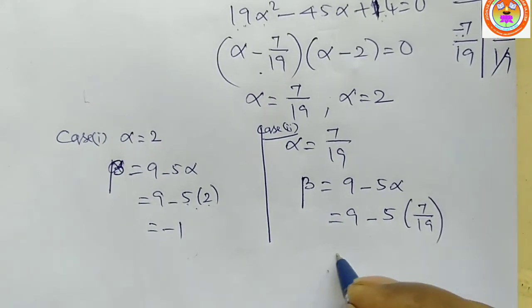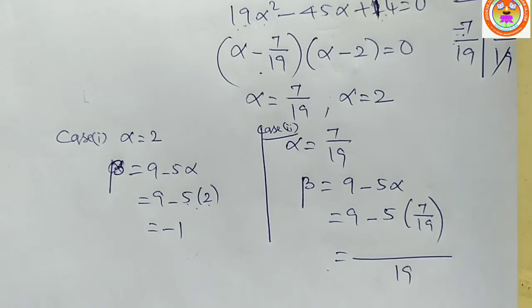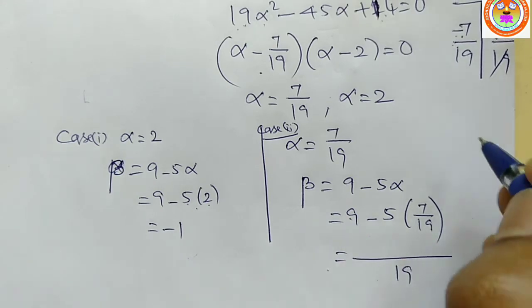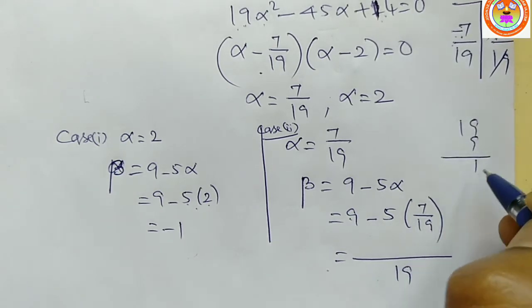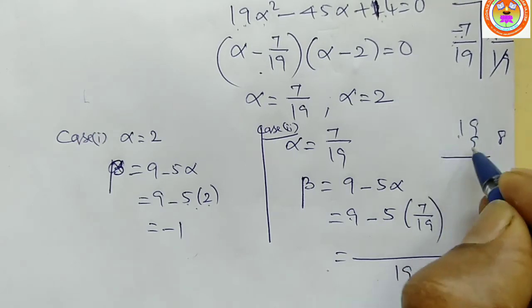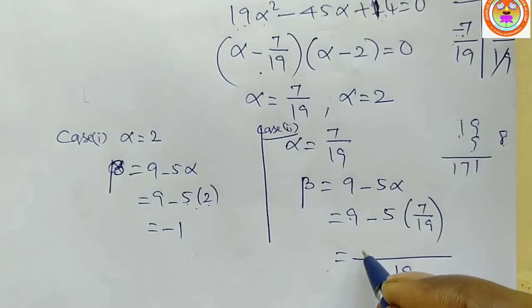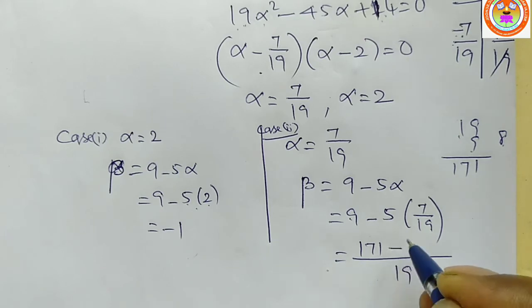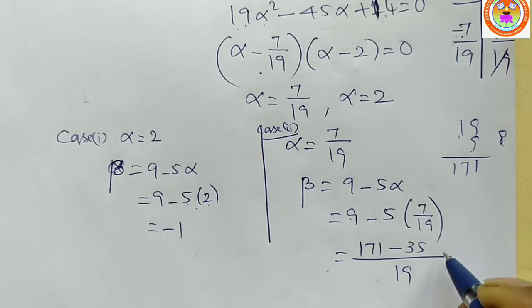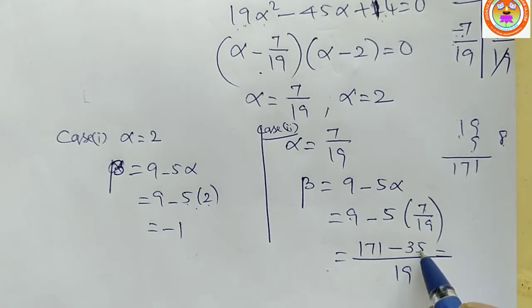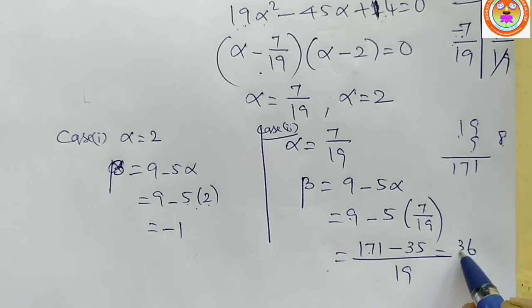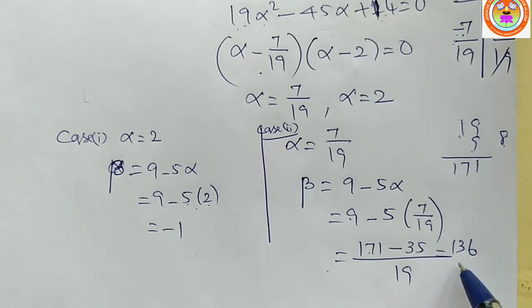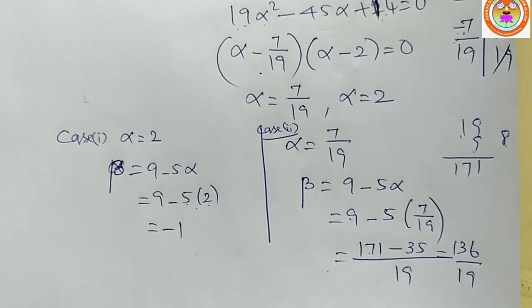When we take LCM, 19 times 9, 9 9s are 81, 9 plus 8 is 17. So 171 minus 5 times 7. 5 7s are 35. 11 minus 5, 6. 6 minus 3, 3. Then 1 by 19.